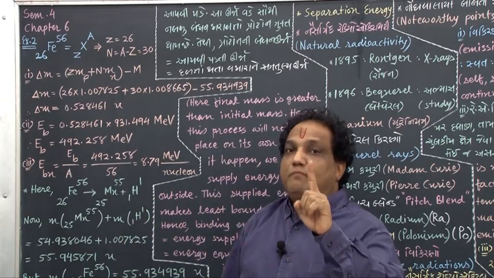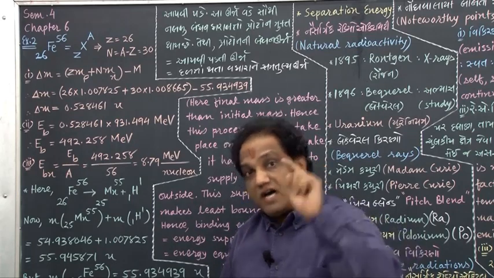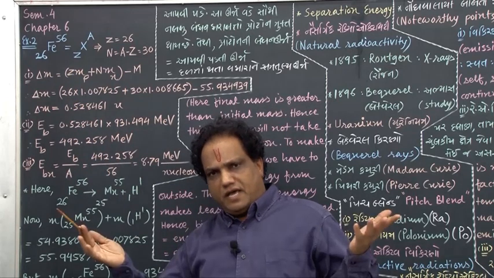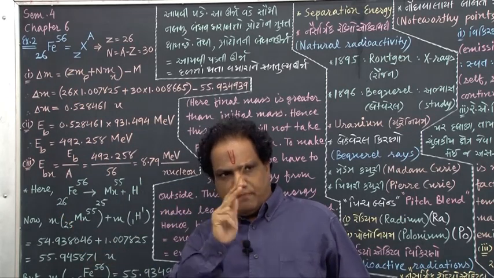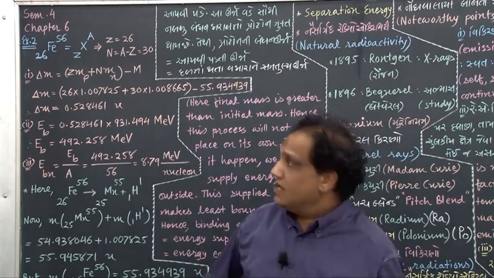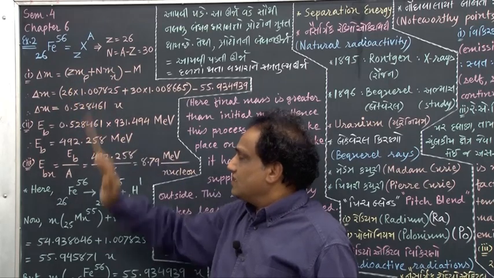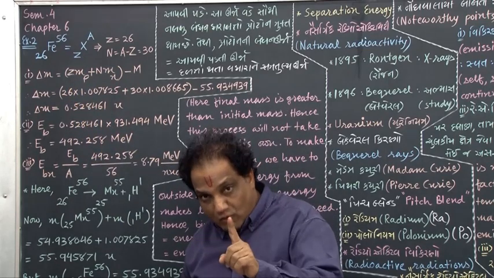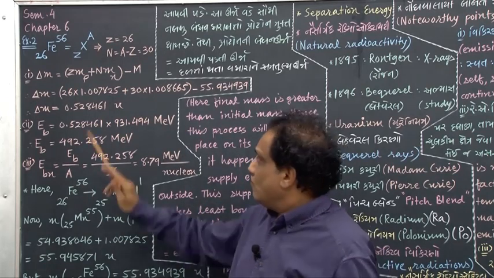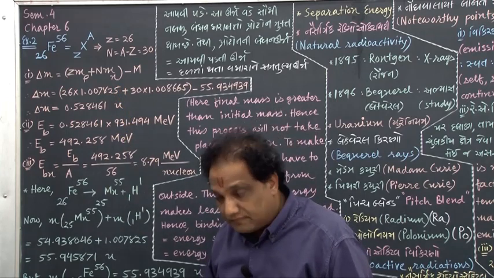For finding binding energy, remember, first you must find out mass defect. What is the mass defect formula? Delta M equals Z Mp plus N Mn minus capital M. What about Z? Right now it is 26. What is Mp? Mass of one proton in a free state, which you are given in the statement: 1.007825 atomic mass unit.